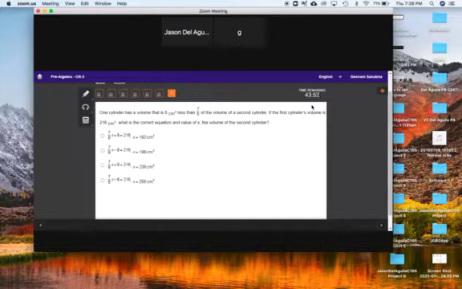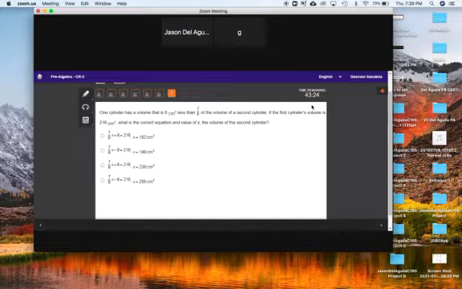All right. One cylinder is 8 cm cubed less than 7/8 of the second cylinder.